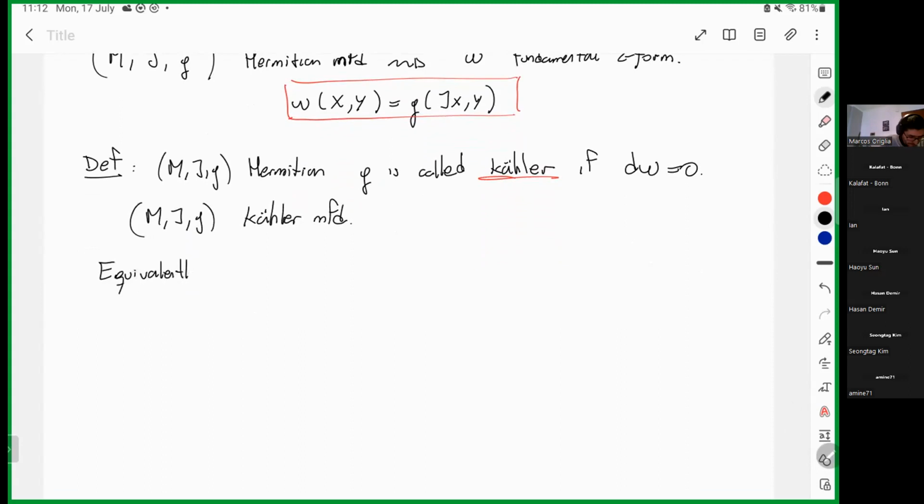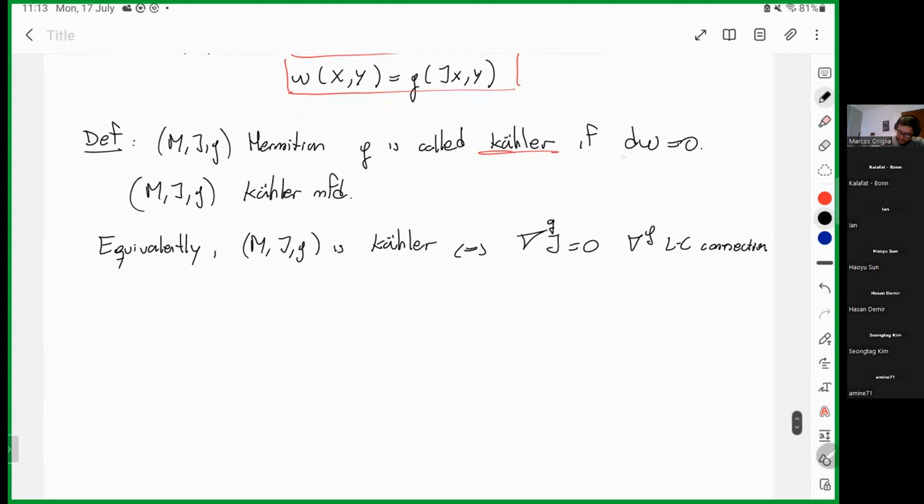Equivalently, (M, J, G) is Kähler if and only if the complex structure is parallel, where nabla G is the Levi-Civita connection associated to the metric G. So this is another way to say that this Hermitian structure is Kähler. But this is the one we will work with.